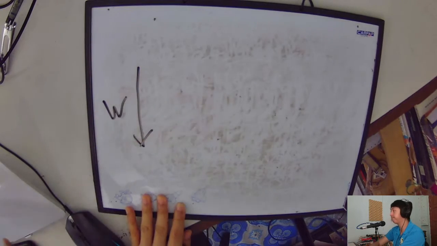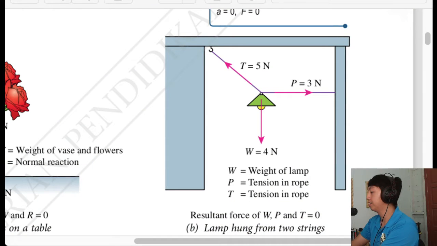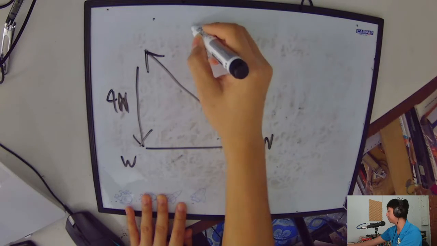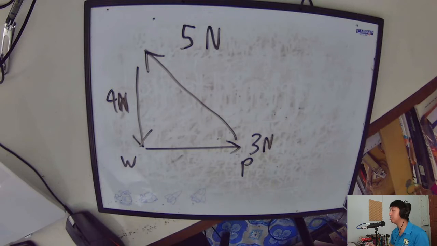So that's W. And then we go to the next direction, which is P, sorry, not T, P, which is 3 newtons. So W is 4 newtons. P is 3 newtons. And the last one we have is T, being 5 newtons. So in this situation, it forms a right angle.